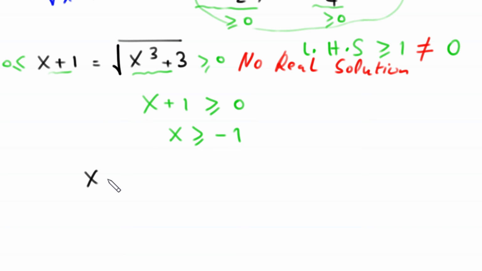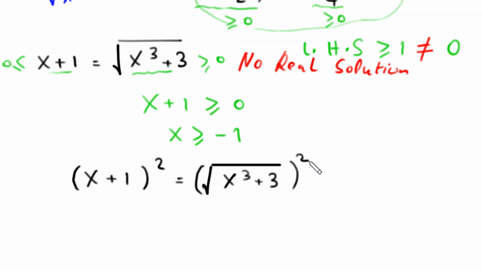This will become x plus 1 whole squared equal to square root of x cubed plus 3 whole squared. This square will be cancelled out with the square root, and we expand this x plus 1 whole squared.